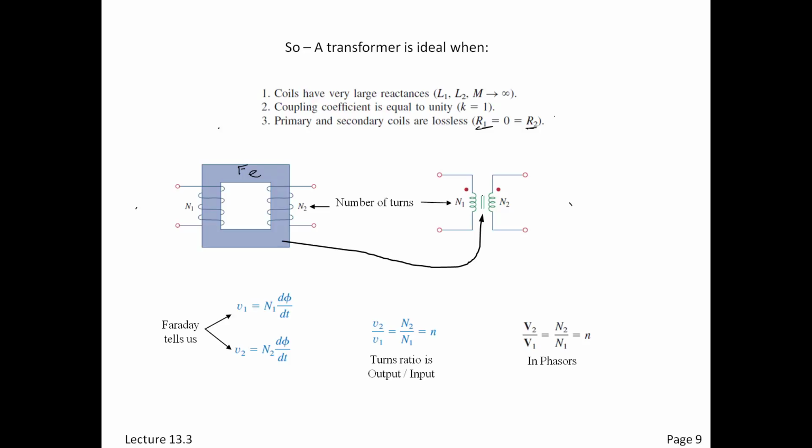So in phasors, we've got the phasor voltages and the number of turns. It could be listed either way. It's listed as time variables here, and here it's phasors.